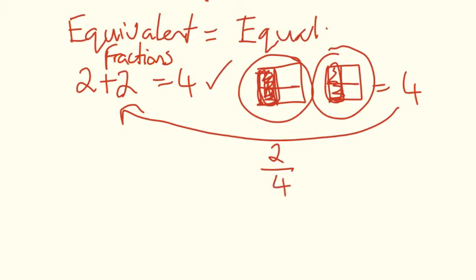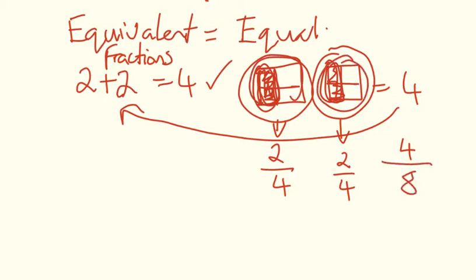So as a fraction, this is 2 out of 4. Now, this is exactly the same, 2 out of 4. In total, we've got 2 pieces plus another 2 pieces, so we've got 4 pieces out of a total of 8 pieces. So we've got a total of 4 out of 8.